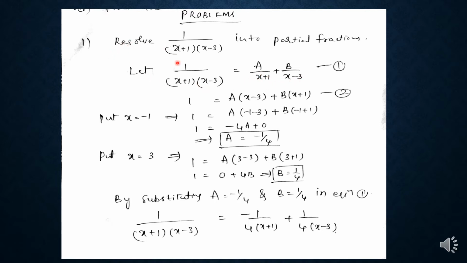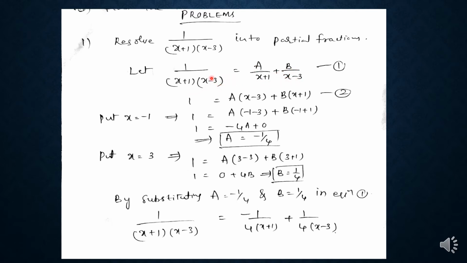Resolving the given single fraction into partial fractions means splitting the given fraction into a sum of two or more fractions. Here in the given fraction we have two linear factors in the denominator, so we can split it into partial fractions as some constant A by x plus 1 plus B by x minus 3.